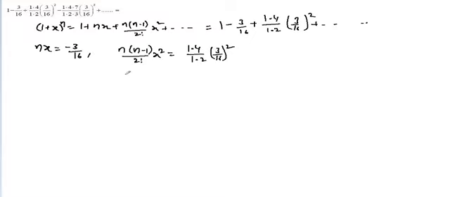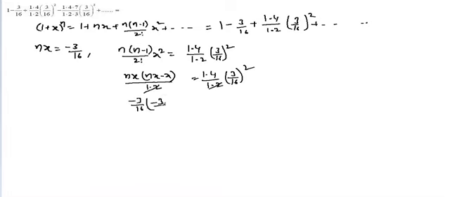So this is written as x square is nx into x, that is nx minus x by 2 factorial, 1 into 2, is equal to 1 into 4 by 1 into 2 into 3 by 16 whole square. 1 into 2, 1 into 2 cancel. Nx value is minus 3 by 16 into minus 3 by 16 minus x is equal to 1 into 4 into 3 by 16 whole square.